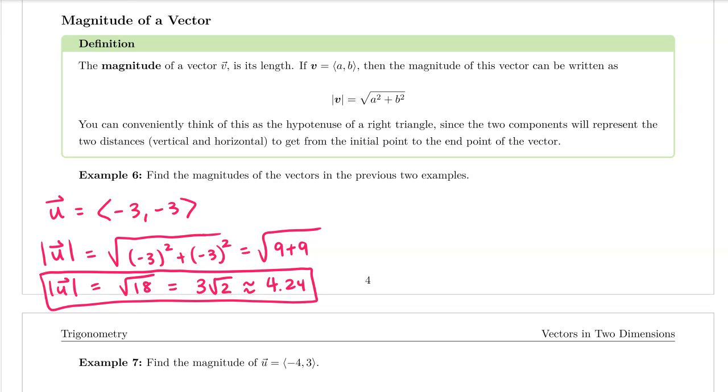And then in the previous example, the vector we were looking at, vector w, was equal to ⟨5, 3⟩. And if I want to find the magnitude of vector w, this is equal to the square root of 5 squared plus 3 squared.